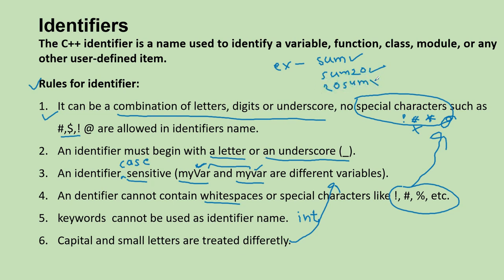No, because it starts with a number, and a number at the beginning of an identifier is not allowed. Can I write total amount with a space? This is also not allowed because there is a space. I could have written total_amount. This is a perfectly right name of an identifier. In this way, while naming identifiers, we have to follow these rules.